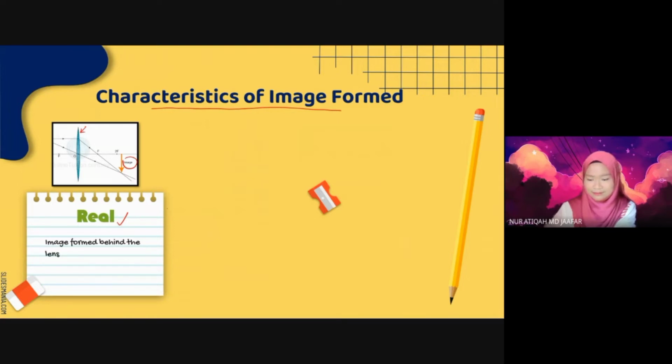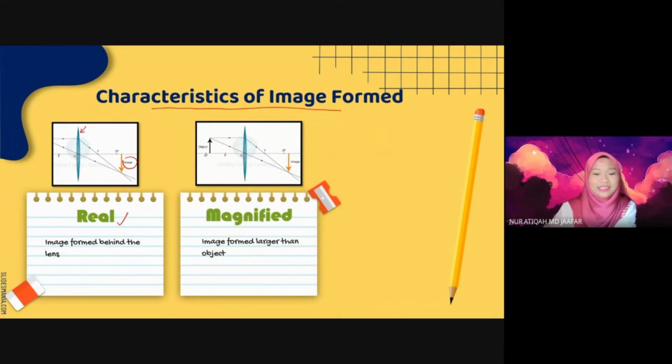The second characteristic is magnified. Why? Because the image formed is larger than the object. For example, the object is 2 centimeters, so the image formed is 4 centimeters. So we can say that the characteristic of the image formed by a convex lens is magnified.